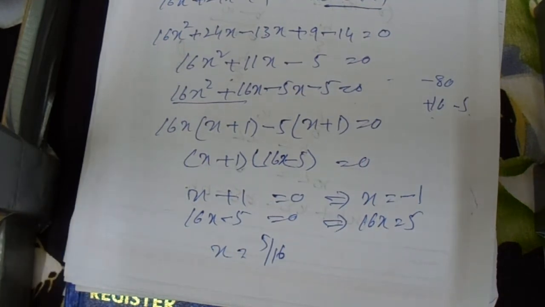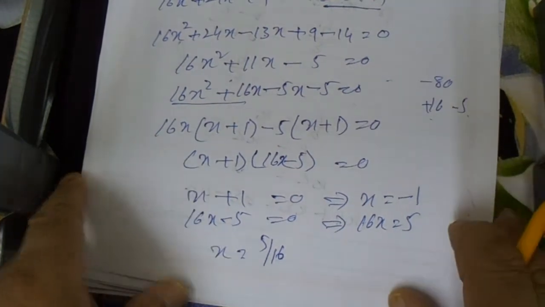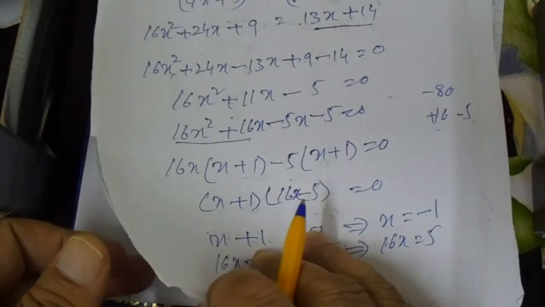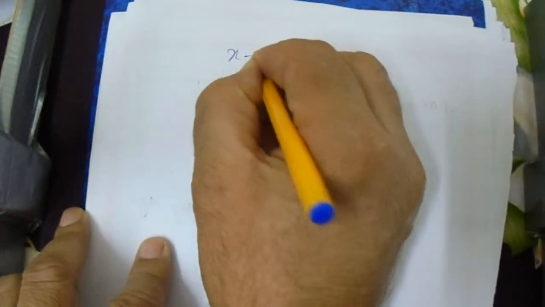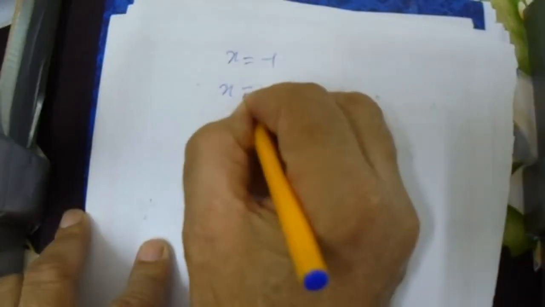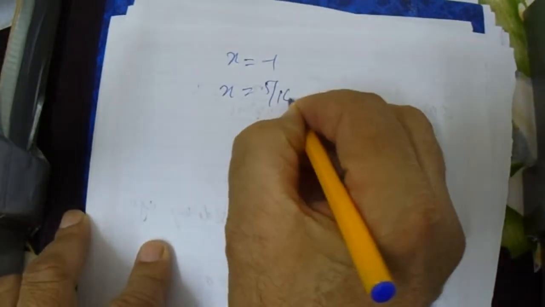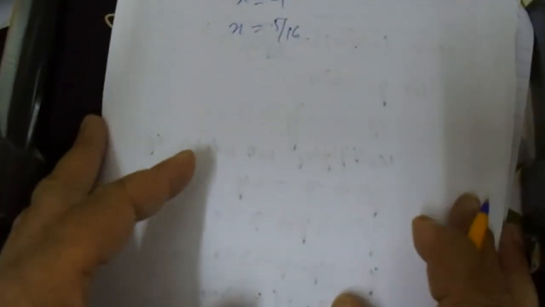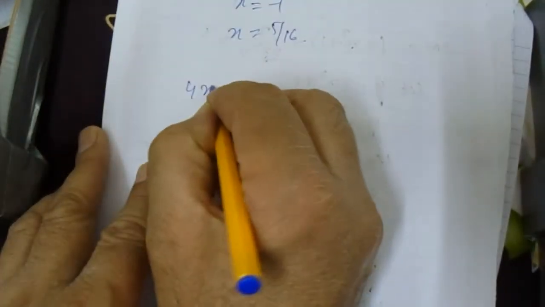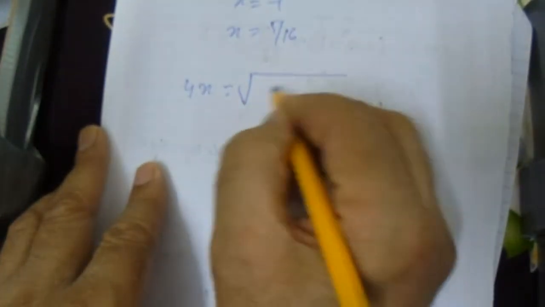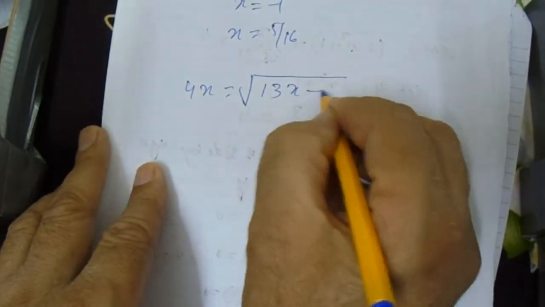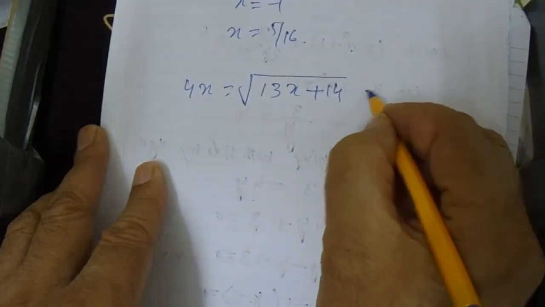Now we have two values: x is equal to minus 1 and x is equal to 5 by 16. Now we write again the original equation, 4x is equal to under root 13x plus 14 minus 3.